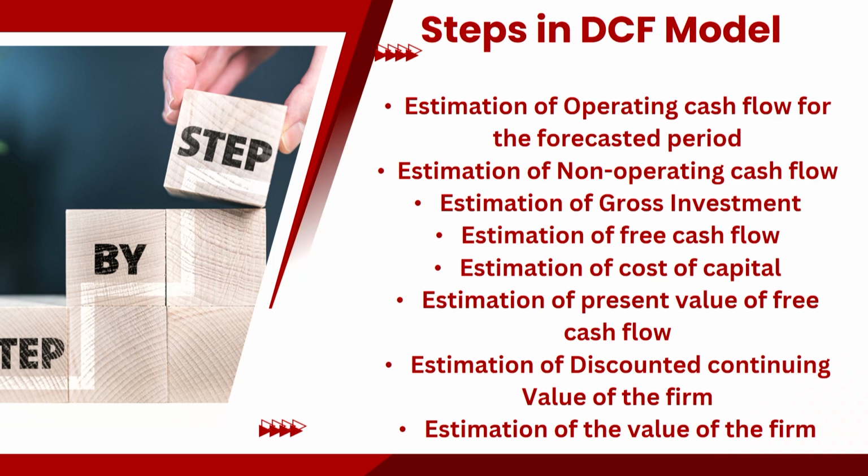Here let me mention that the forecasted period normally extends to the near future of the business. Say we are standing here in 2025 and we are going to calculate the value of a company, and we are given the information about 2025, and we are talking about the forecasted period.